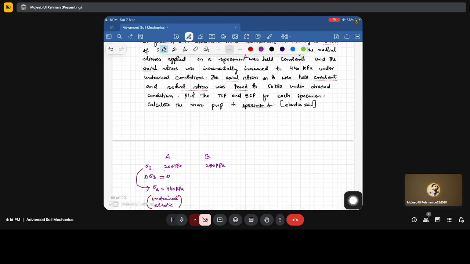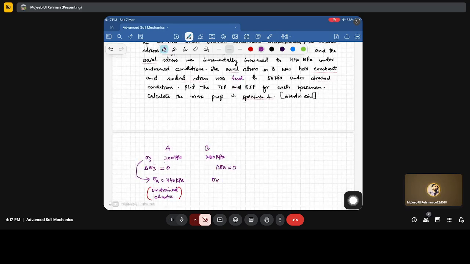The axial stress on B was held constant, so delta sigma a is 0, change in stress is 0, and the radial stress was decreased to 50 kPa. So here sigma r is equivalent to 50 kPa. From here to here it has been decreased.